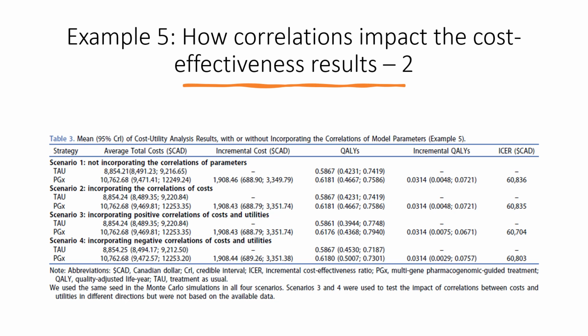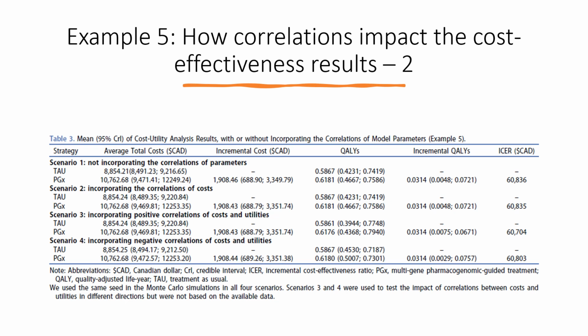We ran 100,000 simulations to simultaneously capture the uncertainty in all parameters for the 4 scenarios. For each scenario, we calculated the mean and 95% credible interval. The cost-effectiveness results are presented in Table 3.